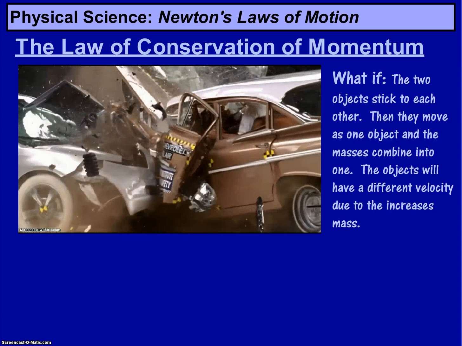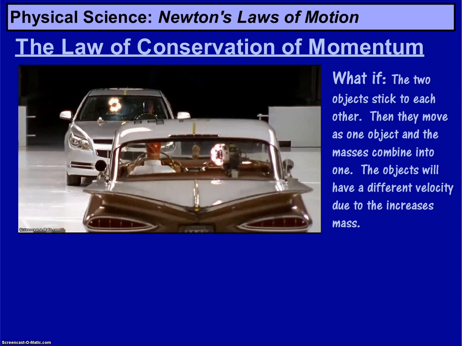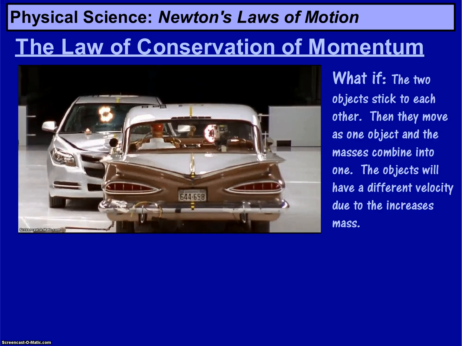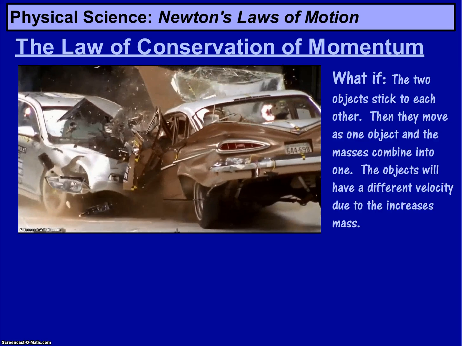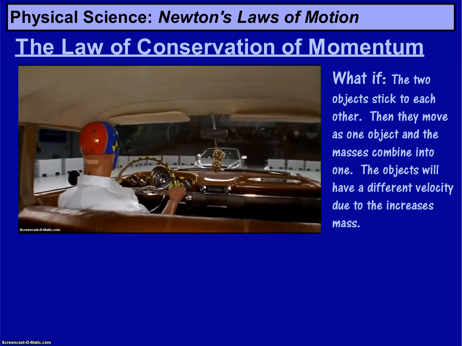And these kind of collisions are exactly why physics is so important. What people in physics are trying to do in this case, they're trying to help you survive. What if you get into a collision? You are going to be a hurting unit.